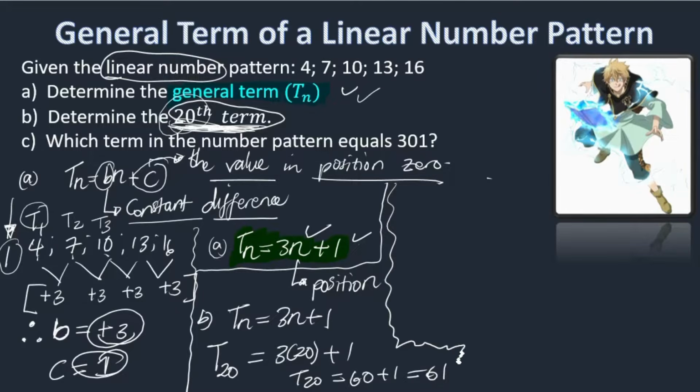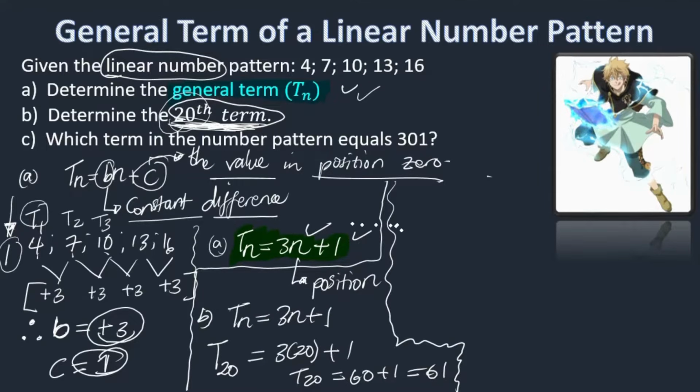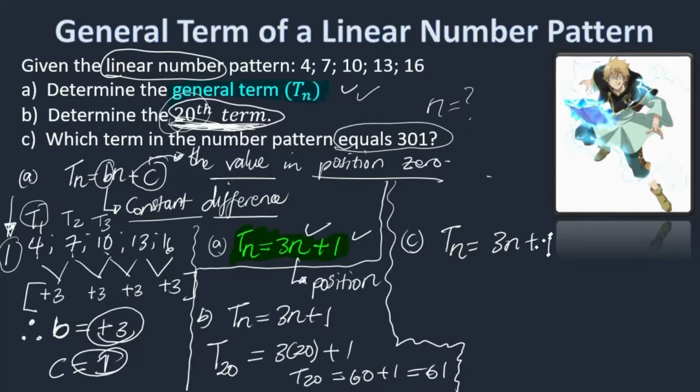Right? Not too bad. The next question, question C, they gave you Tn, which means they want n. You write down the equation again. Tn is equal to 3n plus 1. They gave us this, so you substitute it. 301 is equal to 3n plus 1.